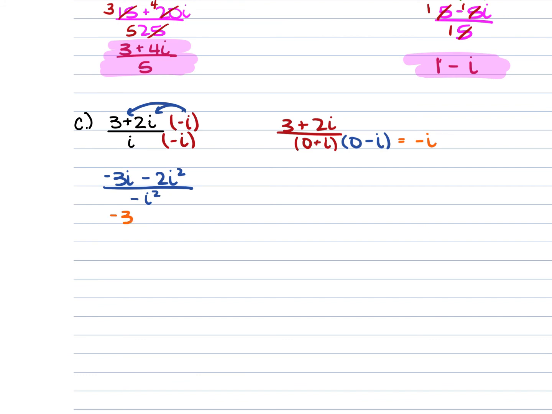So we're saying negative 3 times i minus 2 times negative 1 over the opposite of negative 1. Those double negatives turn into positives. So we have negative 3i plus 2 all over 1, which is just negative 3i plus 2.